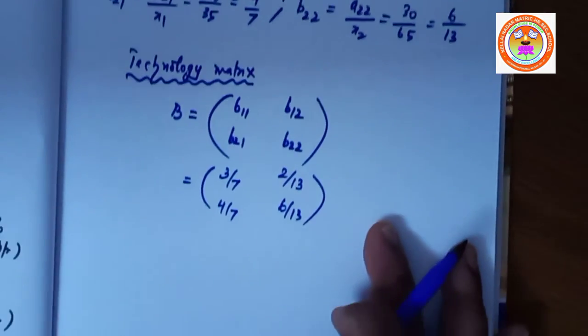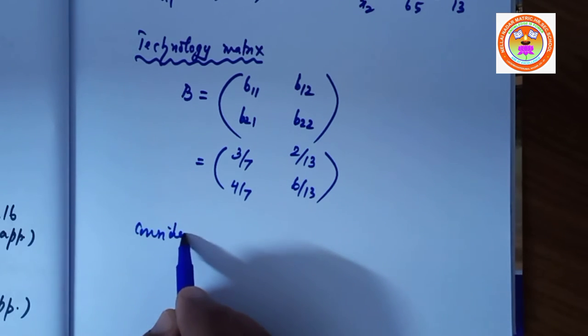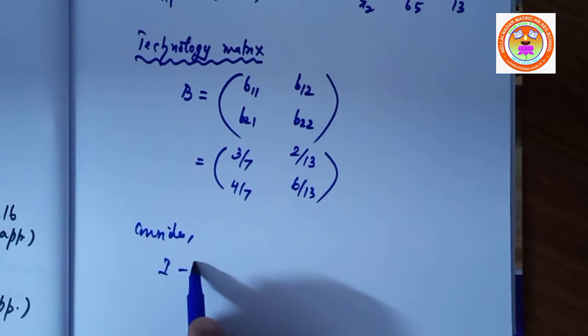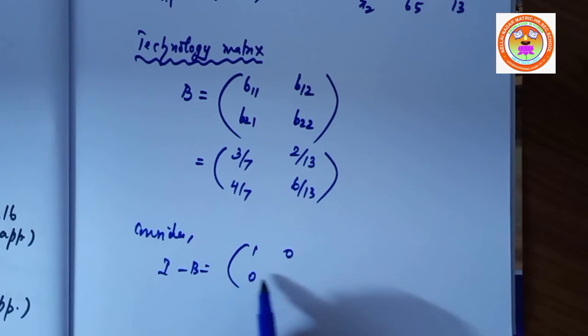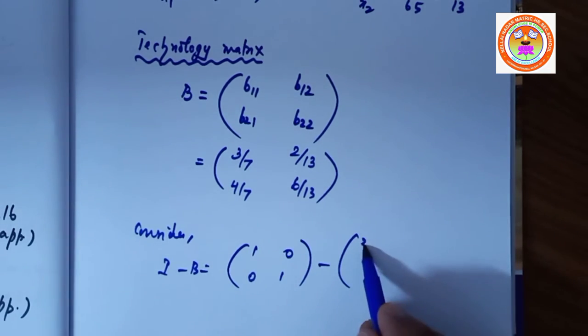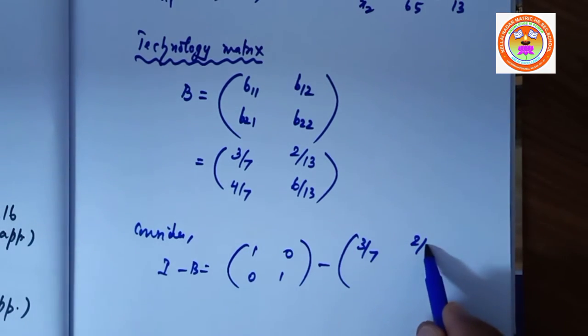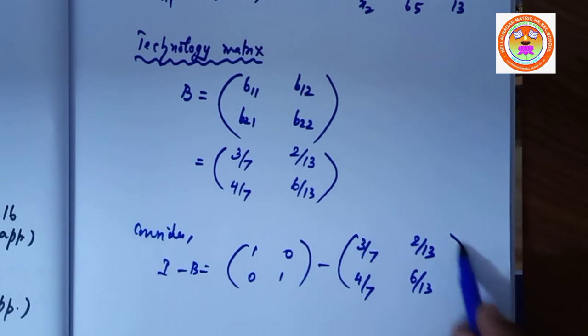Then you have to consider I minus B. I is an identity matrix 1 0 0 1, minus the B matrix, 3 by 7, 2 by 13, 4 by 7 and 6 by 13.